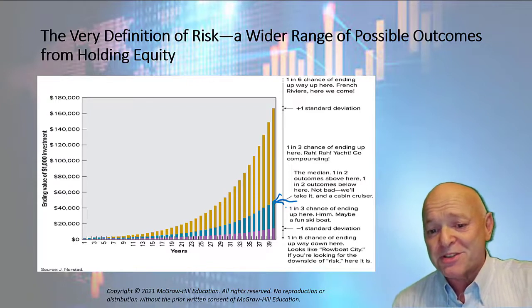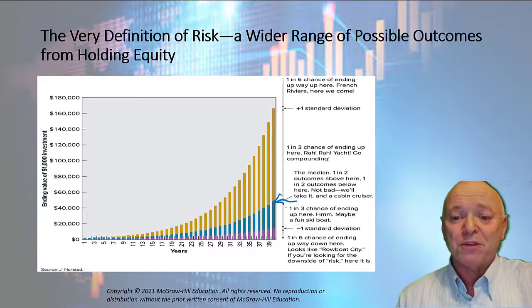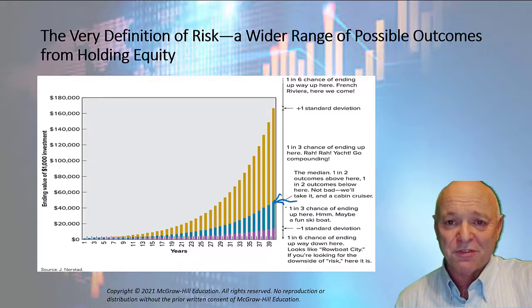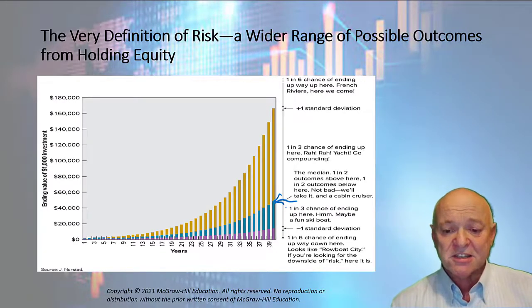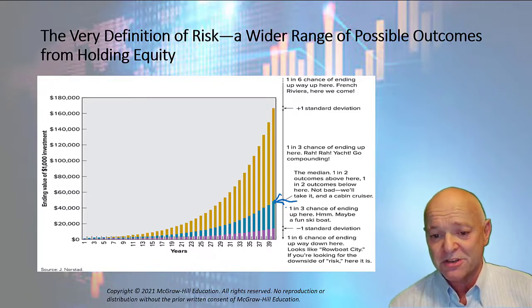In the extremes, you could have, say, a 1 in 6 chance, or if you're one standard deviation away from that mean, you could end up with a return of $160,000. You could also end up with a return significantly less than that, minus 1 standard deviation, closer to $20,000.